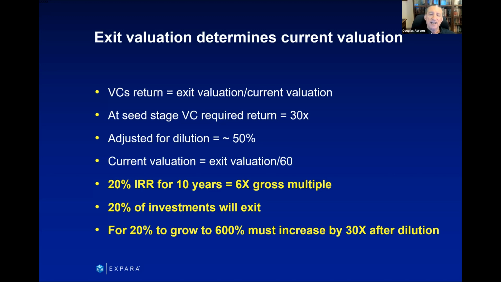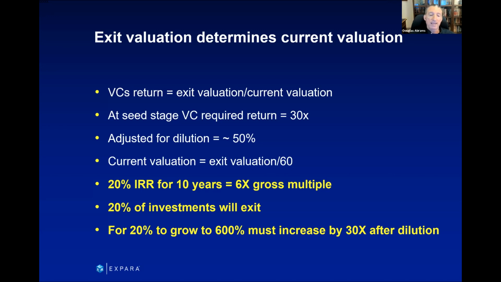Because this 6x needs to be delivered by only 20% of the VC's investments, which will actually exit at more than 1x. So something like 75% of venture capital fund investments will return either 0 or less than 1x.